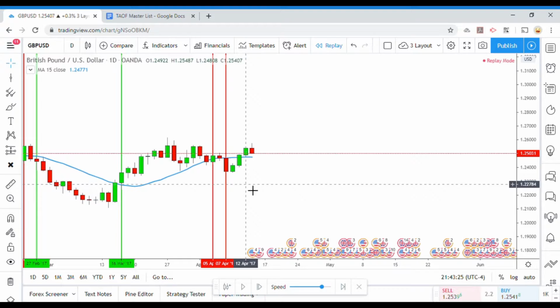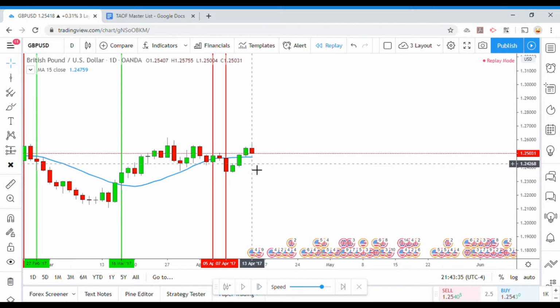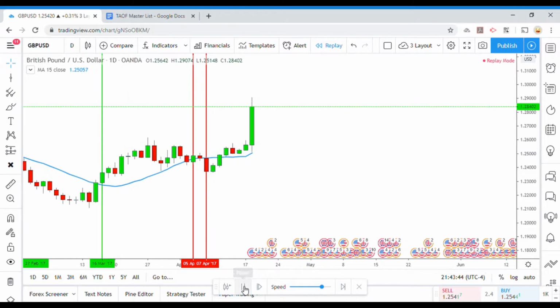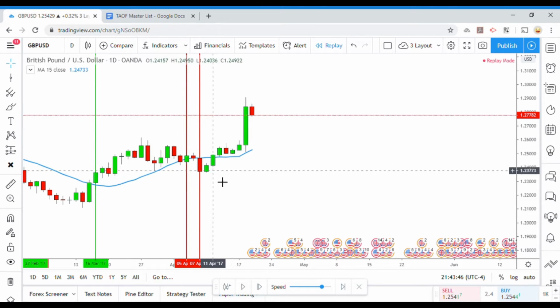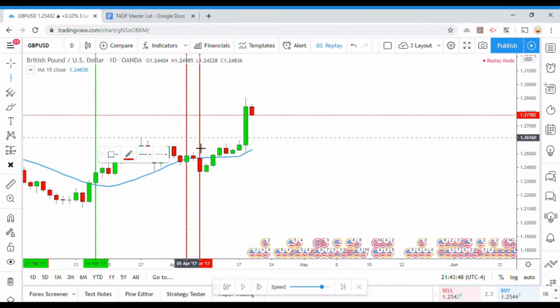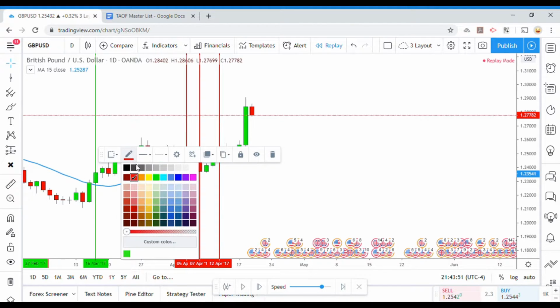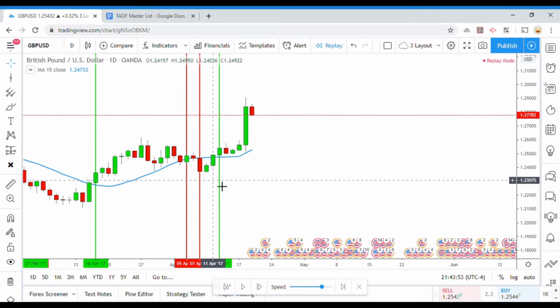So we are at 124.92. Our target take profit would be 125.82. The high of this is 125.75. So no, we did not get it on that one. Let's play it and see what happens. Ooh, boy, it sure did take off right there, didn't it? So we got it on that one.